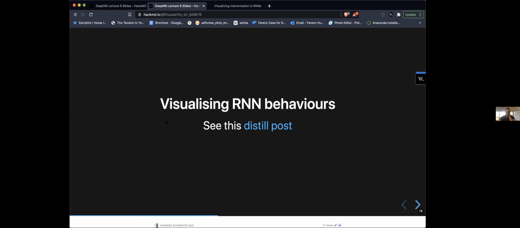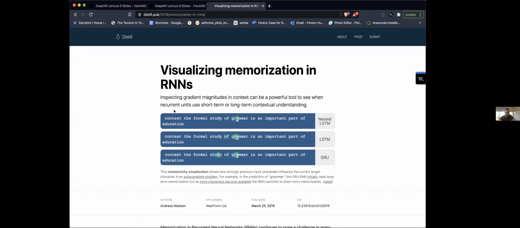One pointer that I wanted to put in here is a very excellent post on Distill, which shows the behaviors of various RNN variants. So I'm not going to go through this in detail. You can hopefully find this link and play with it yourself.